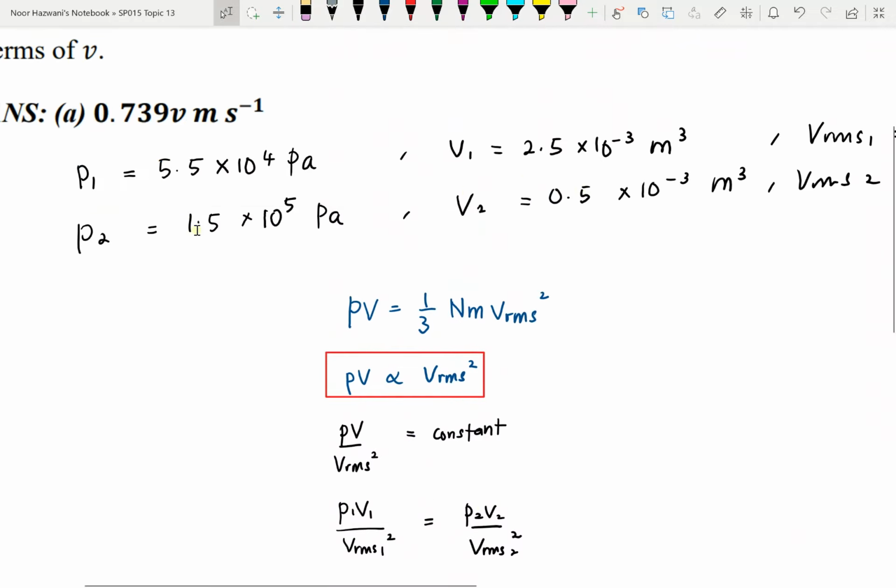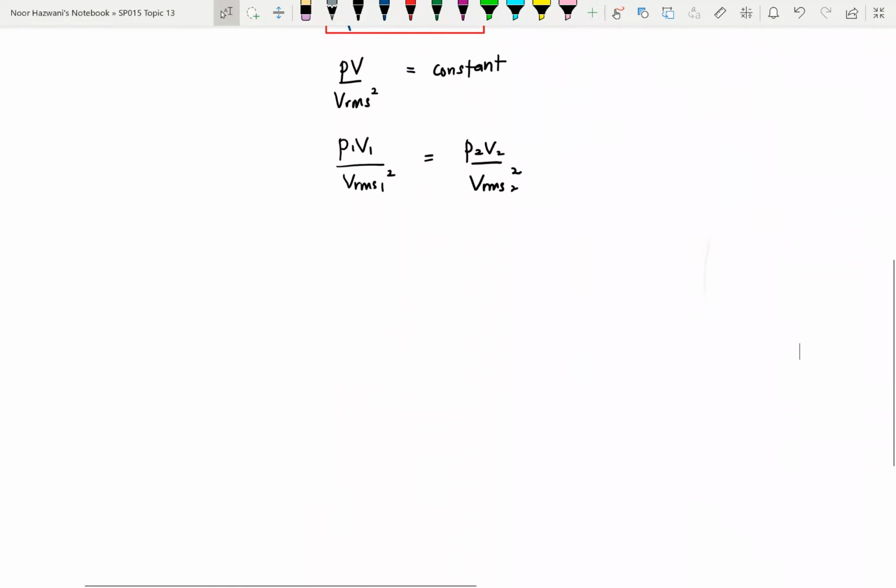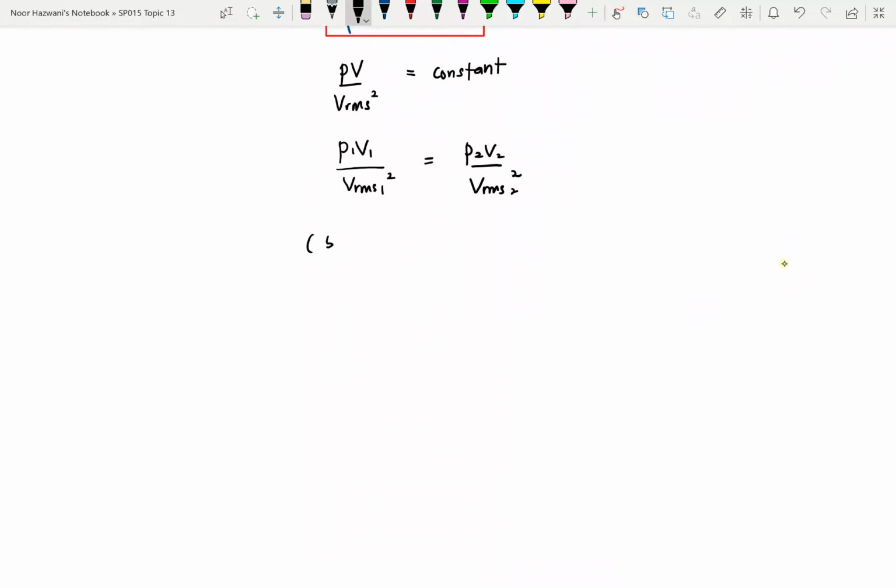Okay, so you plug in all the values given. P1 dah ada, V1 dah ada, P2 dah ada, V2 dah ada, VRMS 1 you dah ada V. So, masukkan everything. So, P1 is 5.5 times 10 power of 4. And then V1 is 2.5 times 10 power of negative 3. You divide with V. VRMS 1 is V je. So, V squared.